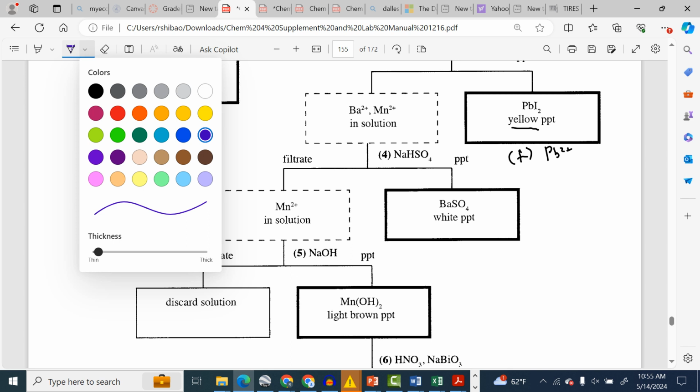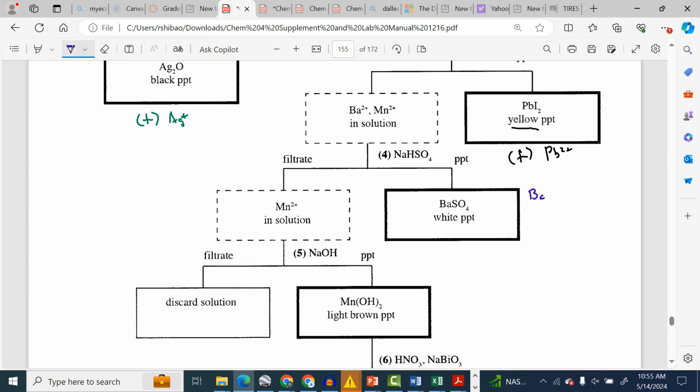That was a common mistake on the test. Sodium bisulfate. Sodium bisulfate is a very common salt. So we're going to use some sodium bisulfate. And so what happens when barium comes into contact with bisulfate? With sodium, nothing, but with bisulfate, something does.